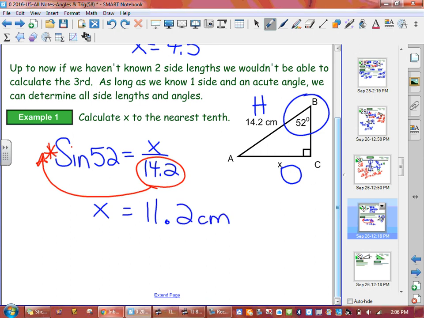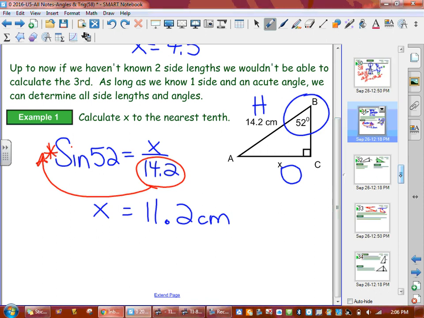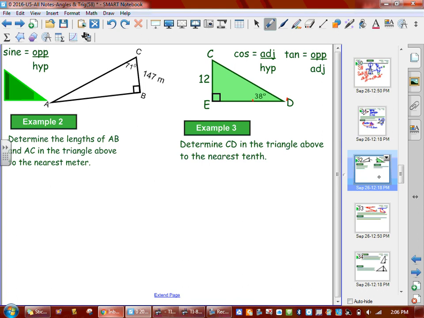Okay, let's take a look at the next couple examples. This is the one on top. We want to find the length A to B, this guy here, so we're finding x. Circle our angle. This is going to be our opposite side and adjacent side, so we need to use tan this time.